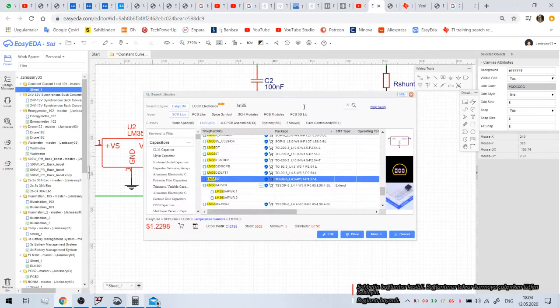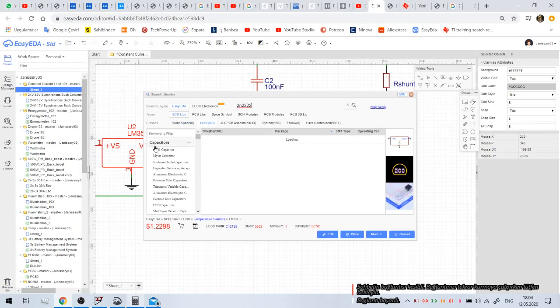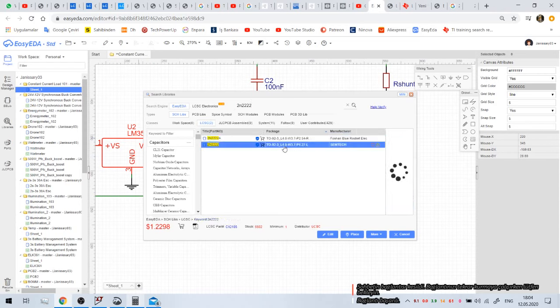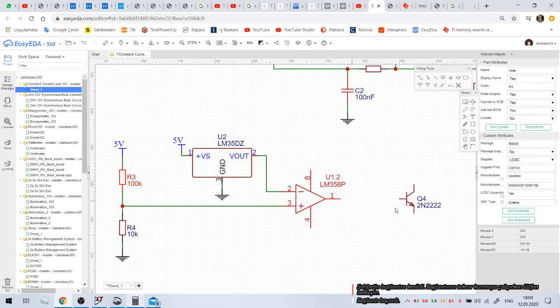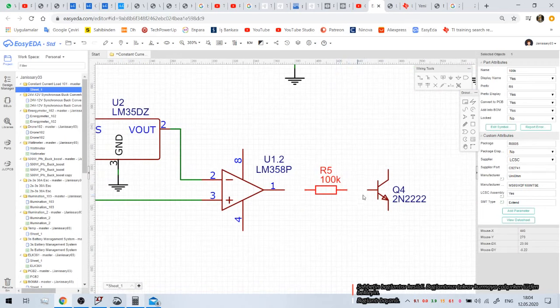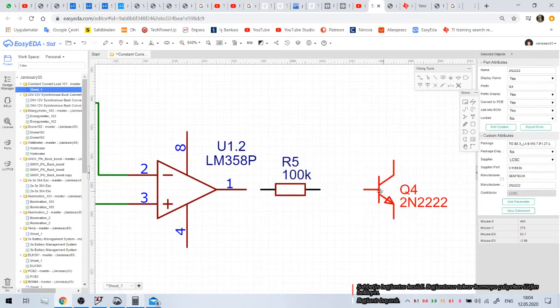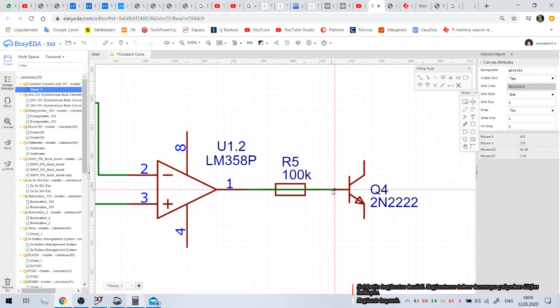Take here the 2N2222 transistors. Yes, take some resistors. That's it.